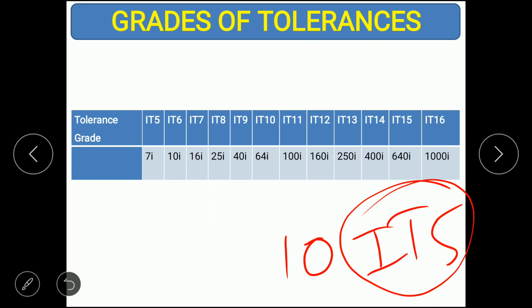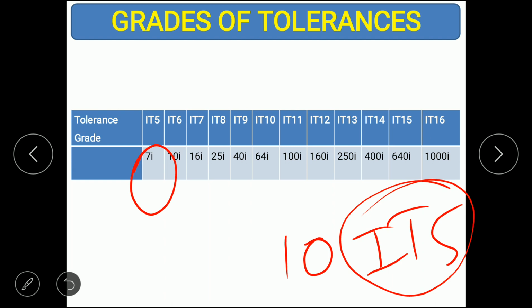IT5 is equal to 7i. We calculate the value of i, and afterwards multiply it by 7, so we get the tolerance value.